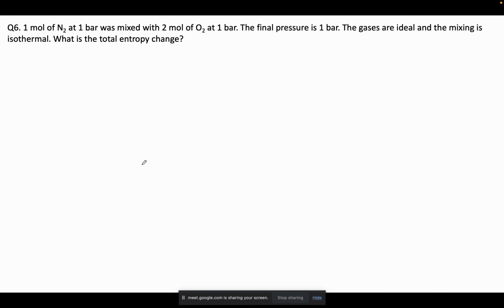Next question. 1 mole of nitrogen at 1 bar was mixed with 2 moles of oxygen at 1 bar, and the final pressure is 1 bar. The gases are ideal and the mixing is isothermal. Find the total entropy change.